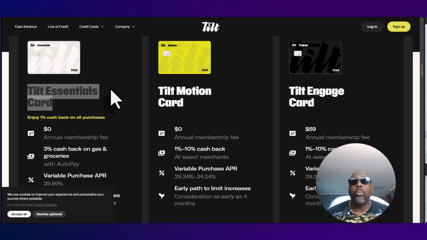That may also be a reason why some people end up with lower limits, because they may not be putting all of their income on the application. So you definitely have to put all your household income on the application, because that's going to help reduce your DTI in order to help you qualify.